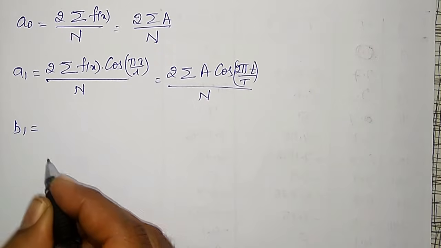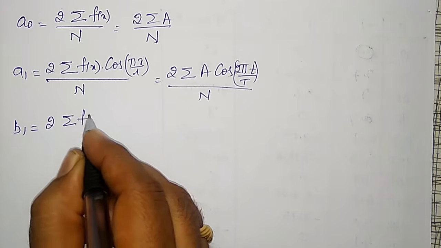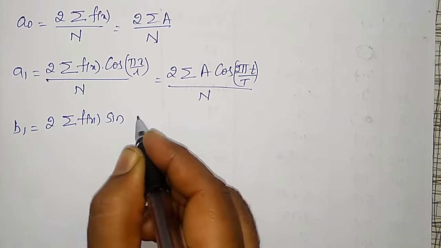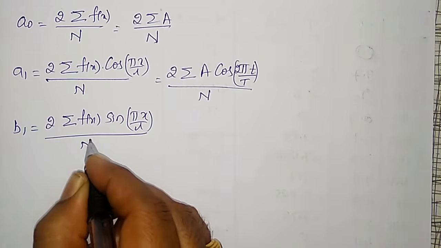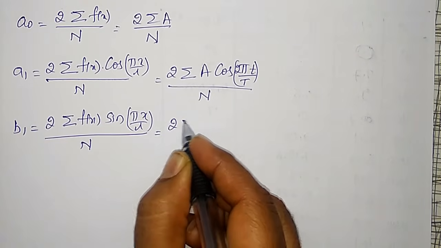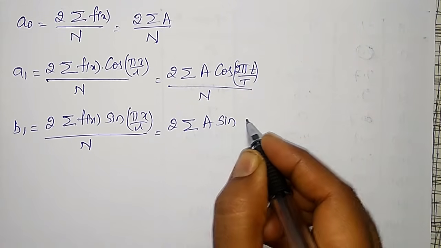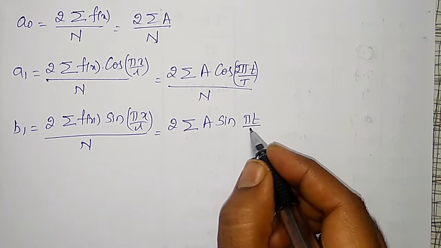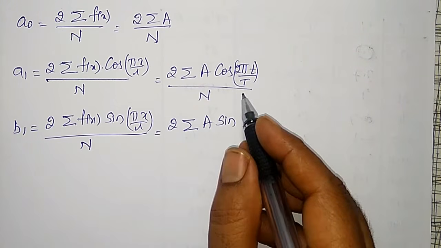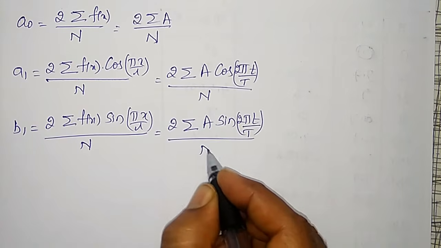Similarly, b1 is also defined as 2 times summation f of x into sin of pi x by L, whole divided by capital N. That is 2 into summation A into sin of pi t, where x is small t divided by L, and L is capital T divided by 2. Therefore, it is sin of 2 pi t by capital T, whole divided by n.